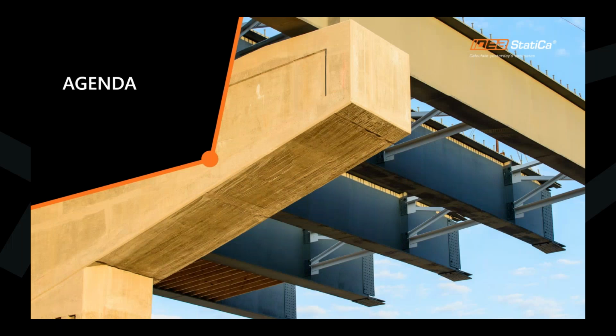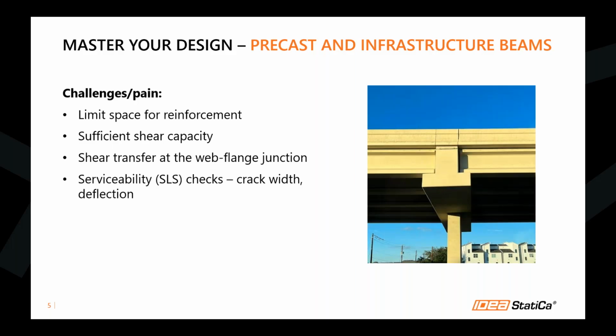And let's focus on the agenda. So today we'll be covering an inverted T-beam, but not the global design. We will focus only on the section of the beam. So what are actually the challenges an engineer might face, and what even is an inverted T-beam?